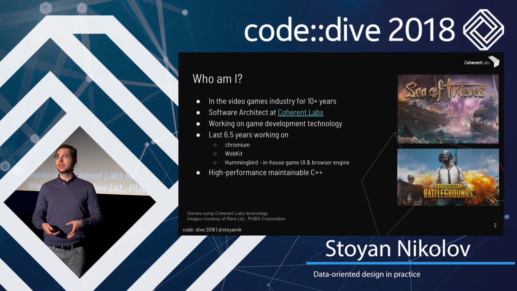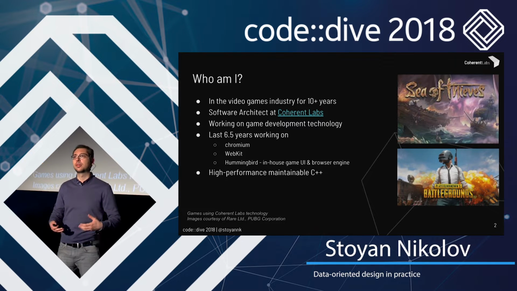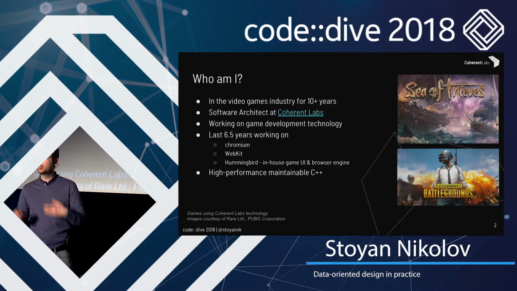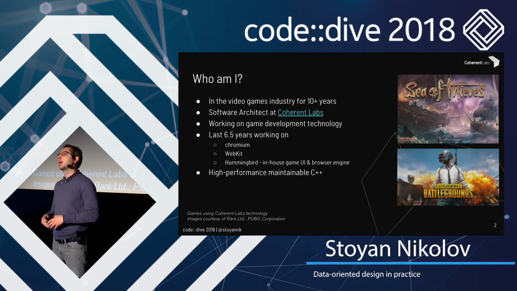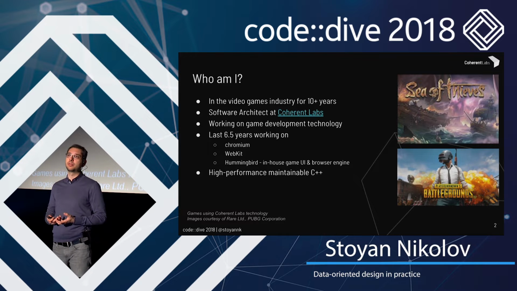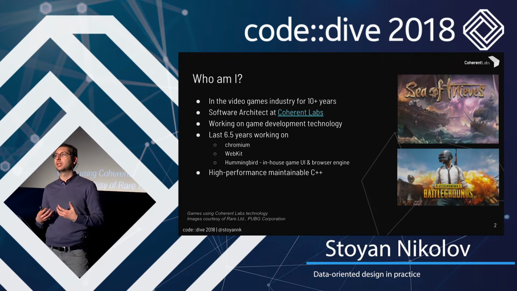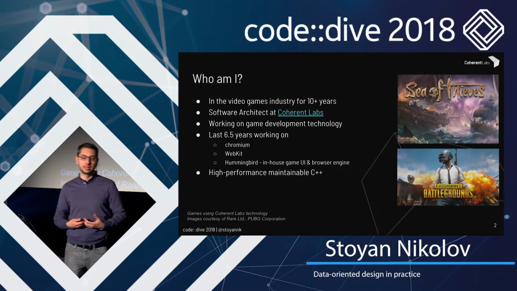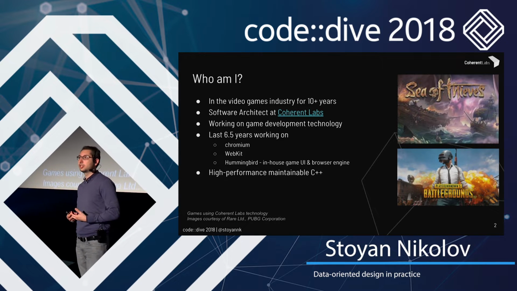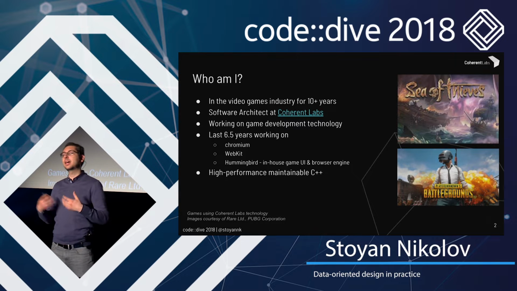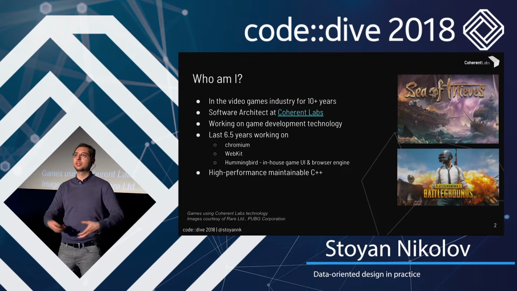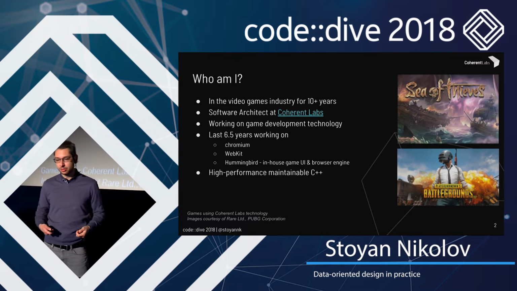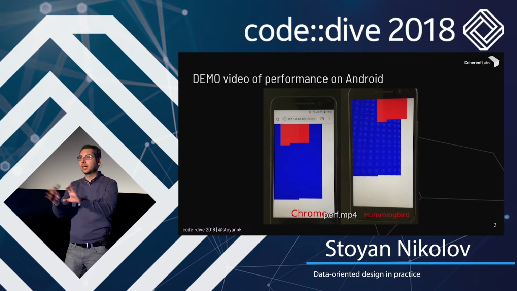We had some experience because we had built, for instance, our rendering engine with data-oriented design, but we weren't sure if it would work for a project of the scale of an HTML renderer, something that has to implement such a complex design and standard as HTML rendering. Unfortunately, the design of the standard for HTML and CSS is very object-oriented-y. So today I'll show you quickly how it went.